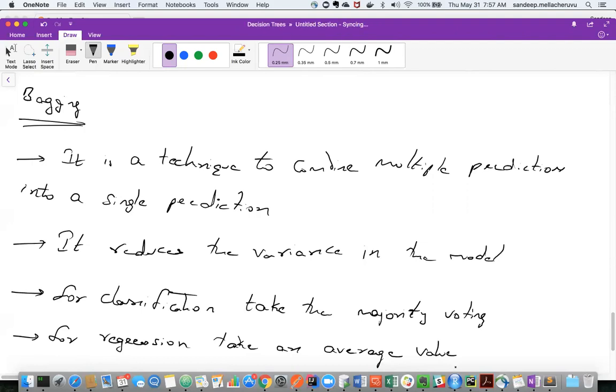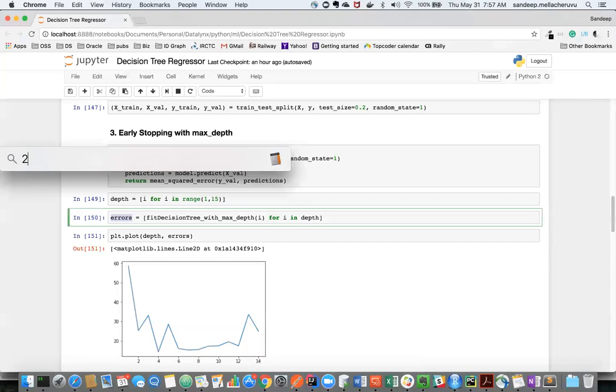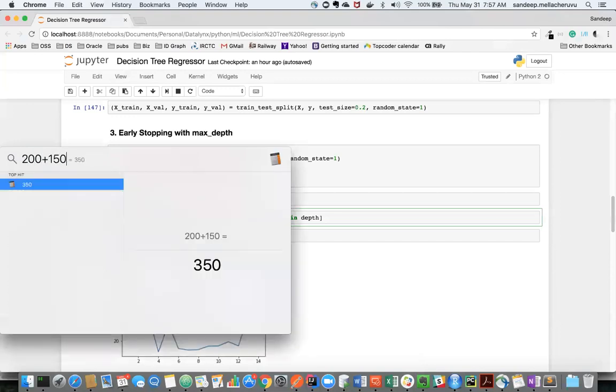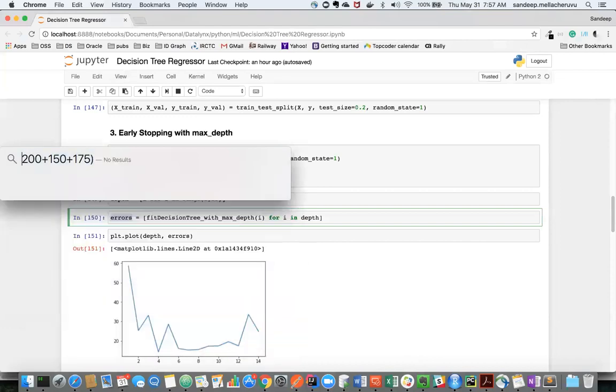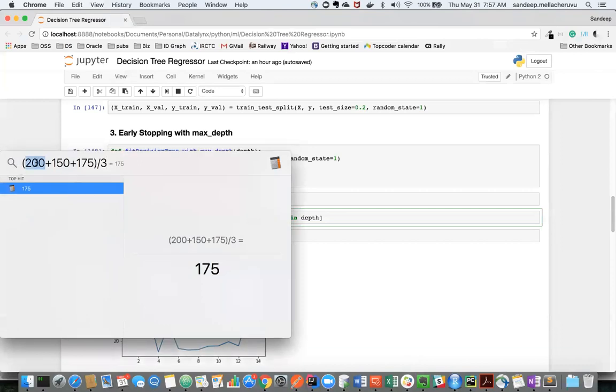First tree is going to predict, let's say, the housing price is 200k. Second tree is going to predict 150k. Third tree is going to say 175k. What is the final answer for your random forest? 200k plus 150k plus 175k, you combine all of them and divide by 3, because I am taking an average of three values.